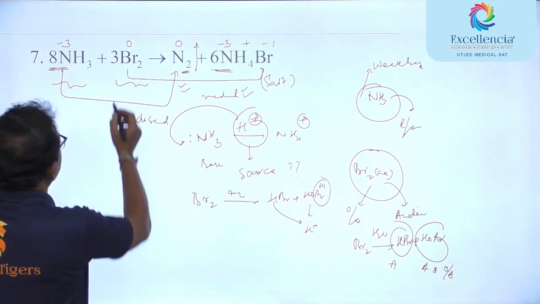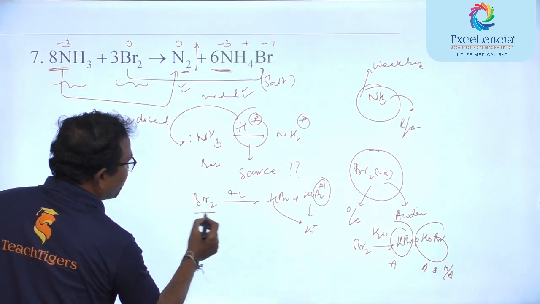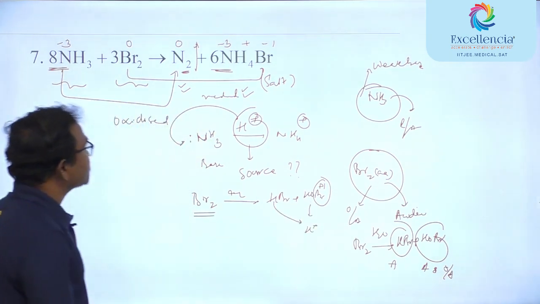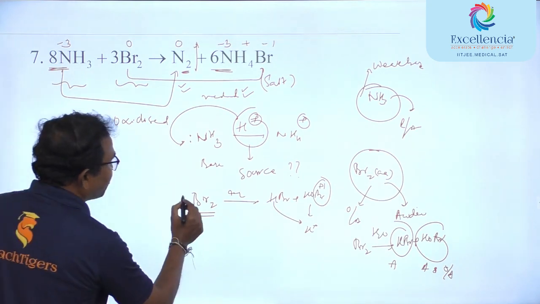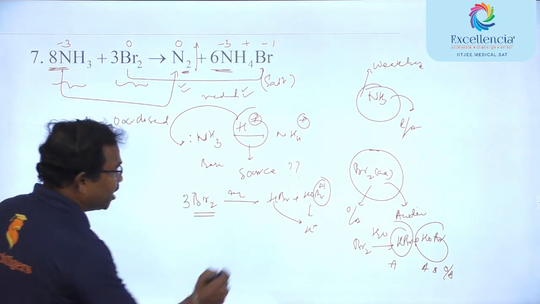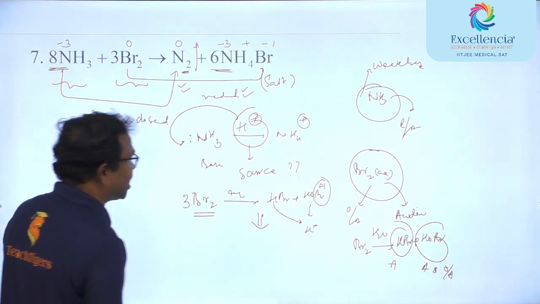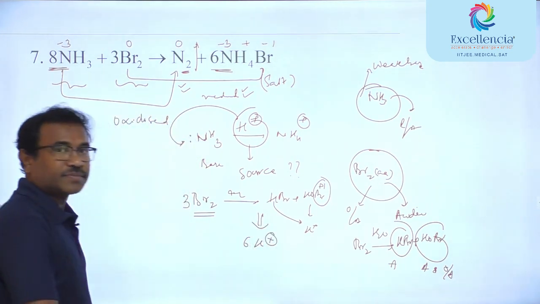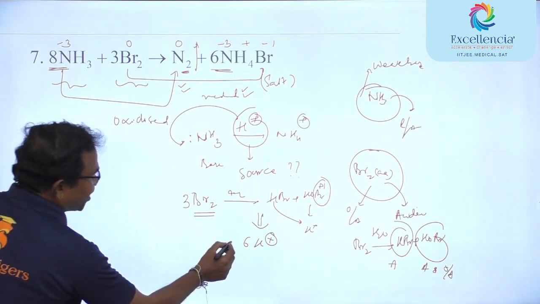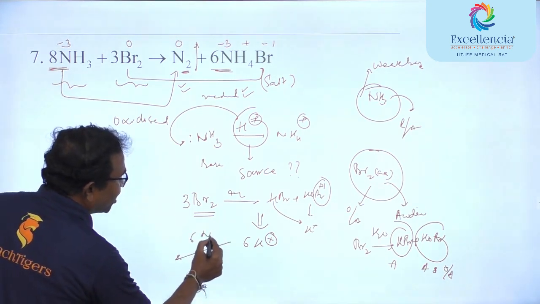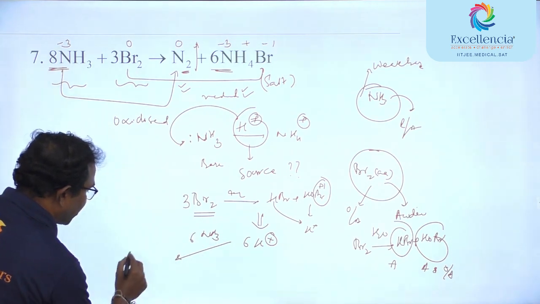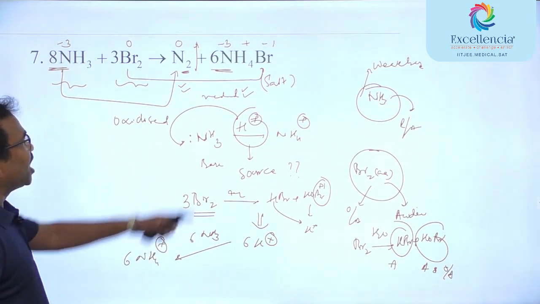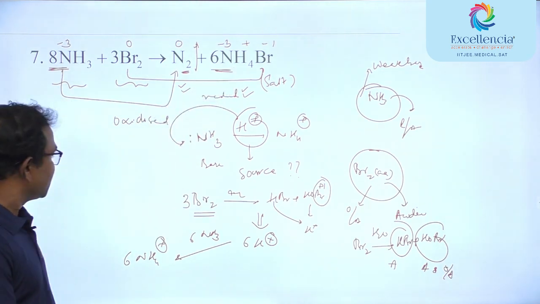If you look at this, each bromine unit will release 2 H plus ions. We have 3 bromine units, so these 3 bromine units should definitely release 6 H plus ions. These 6 H plus and 6 ammonia should definitely give you 6 moles of ammonium. That is how you have 6 moles of ammonium.